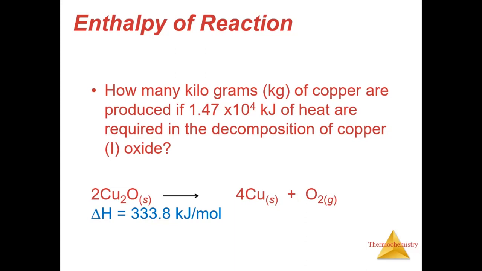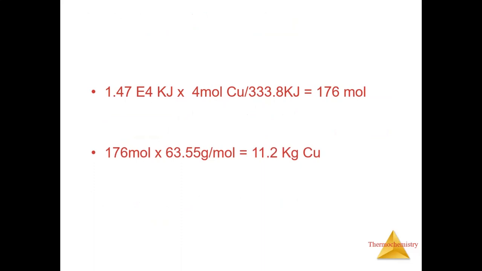But that's 333.8 kilojoules per 4 moles of copper. You see that, Rebecca? Yeah. So when I do that, I end up with moles of copper. Then once I have the moles of copper, all I have to do is multiply it by the atomic weight. Okay? Mhm.